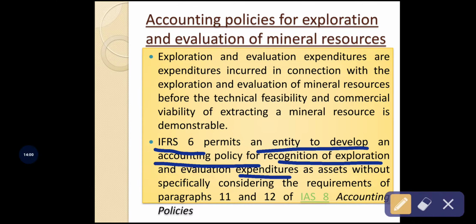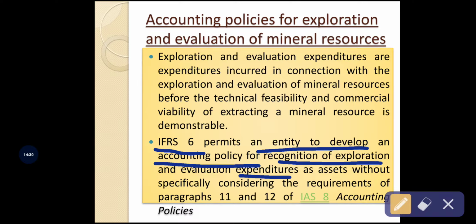So ultimately the second accounting policy says finally the IFRS 6 deals with the exploration and evaluation of the mineral resources that we know. So the second accounting policy gives a chance for the entities or the business organization to develop the required accounting policies that must be necessary for the recognition of the exploration and evaluation expenditure in connection with the assets.